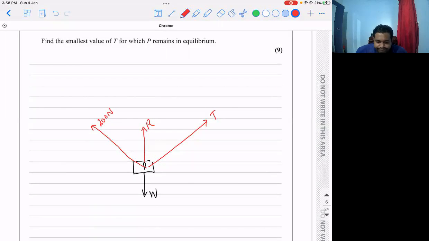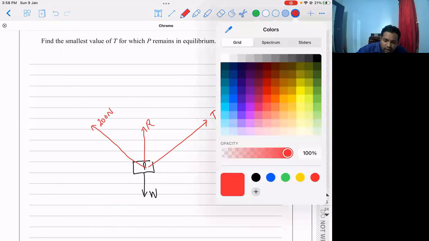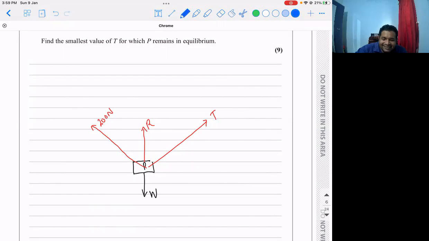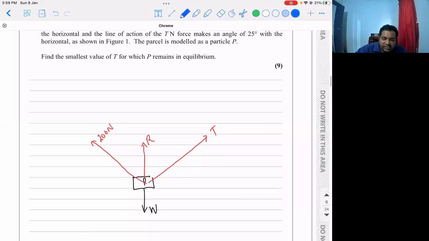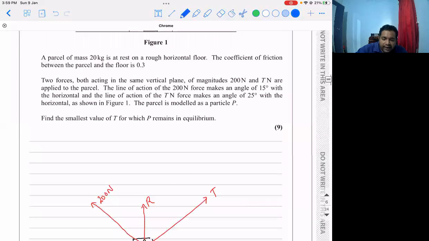Now, here you can see that W and R are exactly acting in the vertical direction. But unfortunately, 200 or T neither acts in vertical or in horizontal. Then what we will do? Yes, we forgot to mark the direction, the angle of this T and 200 Newton, right?